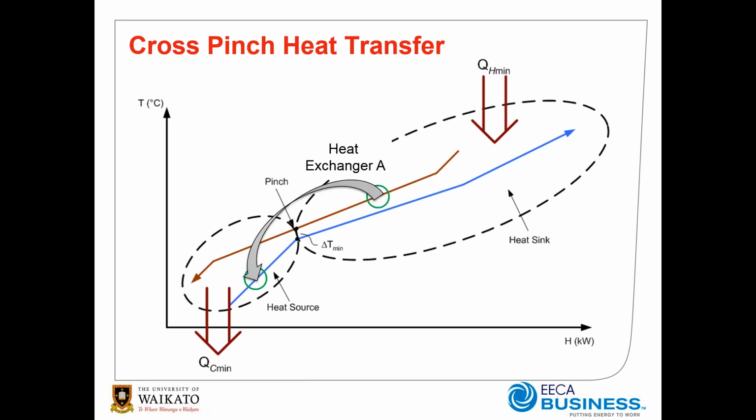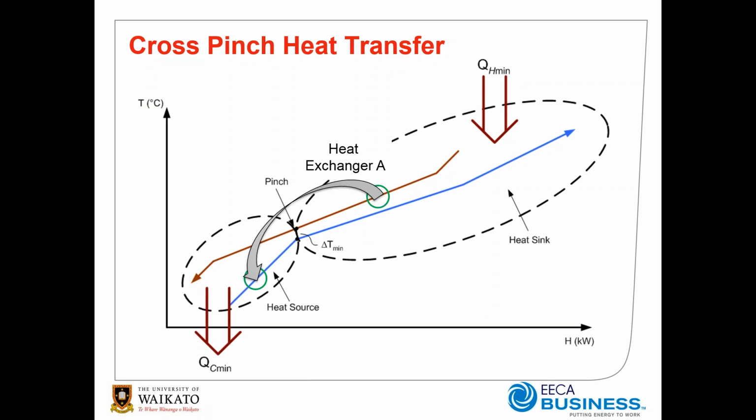Now, if you consider the situation where we've said that there's a deficit of heat above the pinch and there's a surplus of heat below the pinch, what we're doing is we're taking heat that is critical above the pinch and we're giving it to a location below the pinch that is a critical receiver of heat.